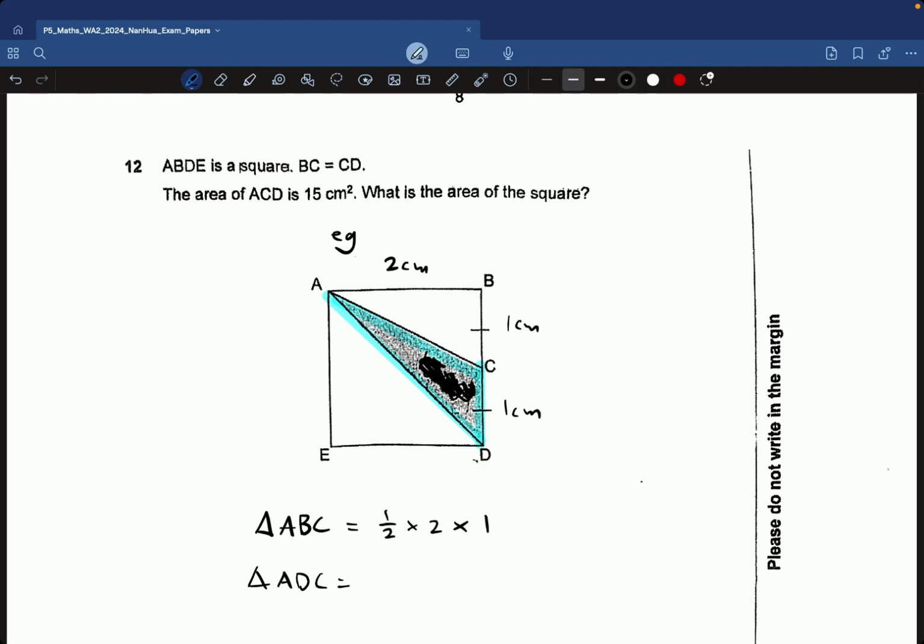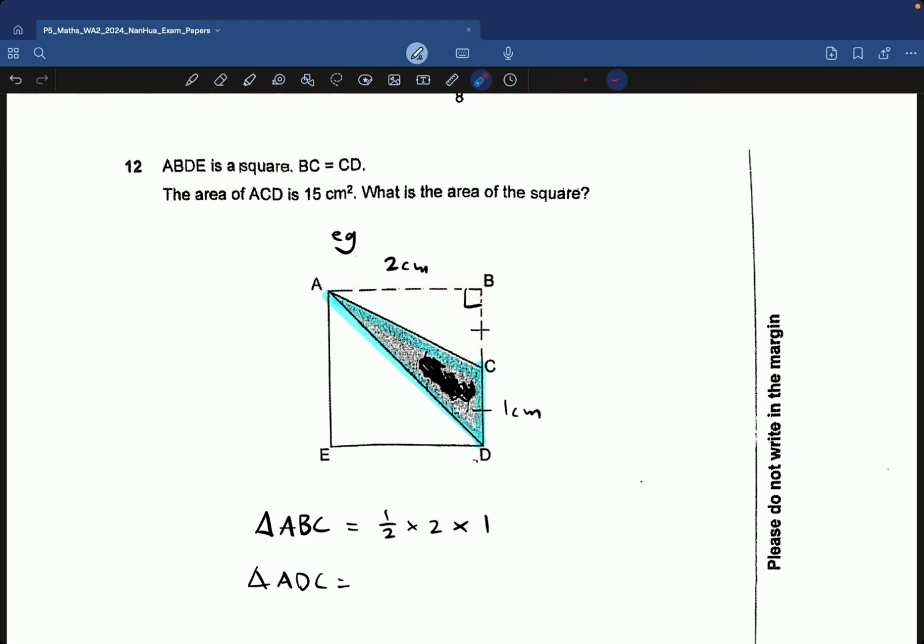So then the height for ACD is, in this case, 2 centimeters. I'm just going to make this a dotted line as well, and then remove this. So basically the height of ACD is 2 centimeters, because the corner over here is actually a perpendicular line. So remember, perpendicular line means this is the base and height.